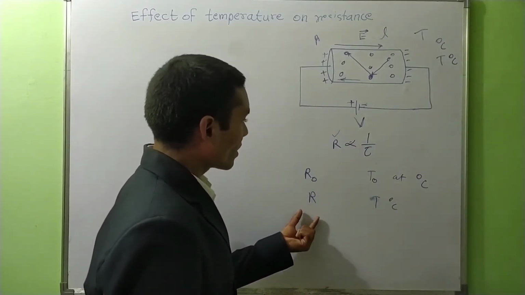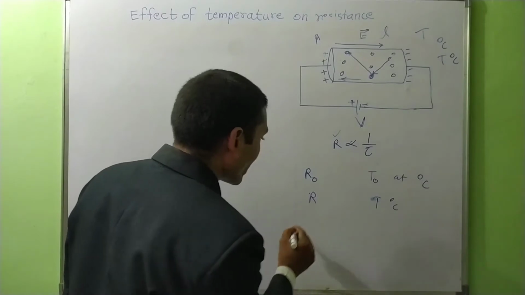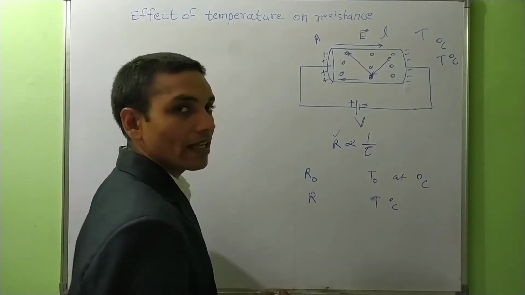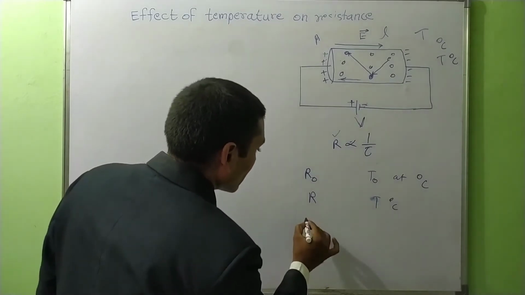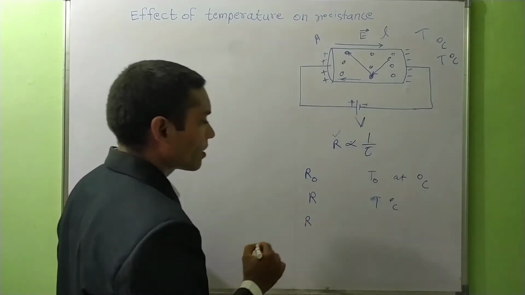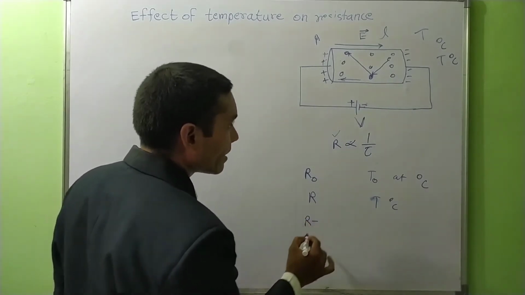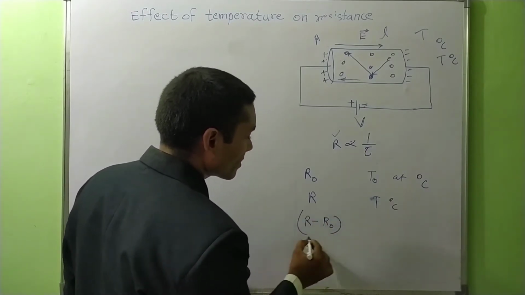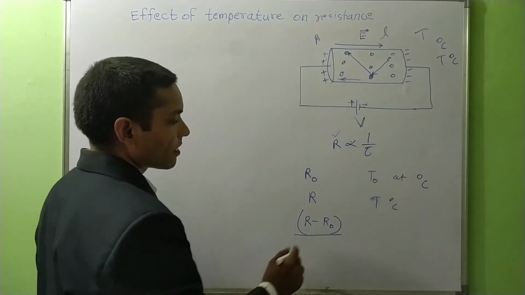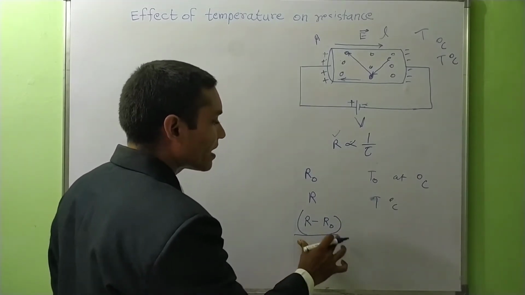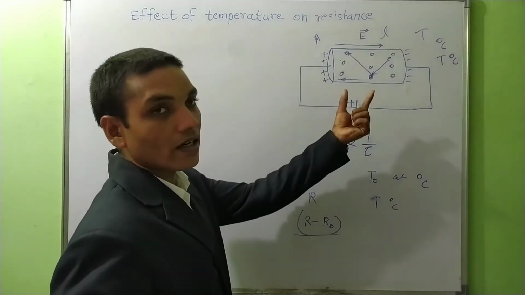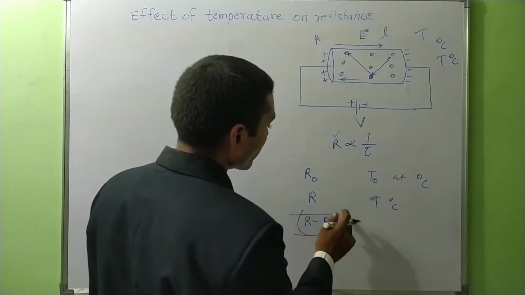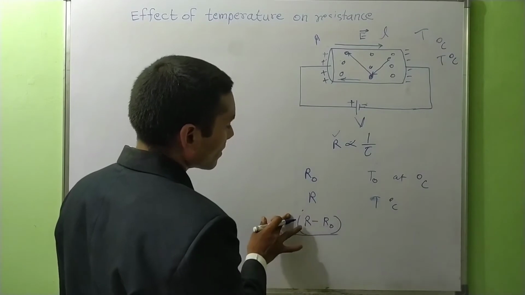So the change in the resistance, or how the resistance increases, is the difference of the resistance at different temperatures, R minus R0. This is the change in the resistance of the conductor, or the value increased.